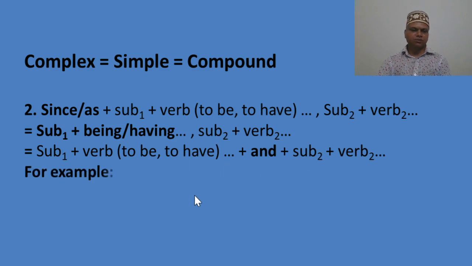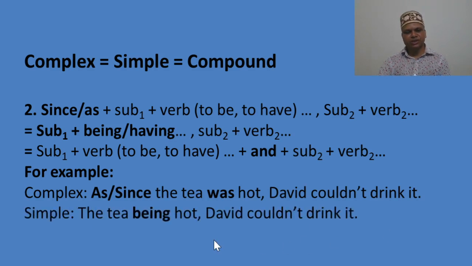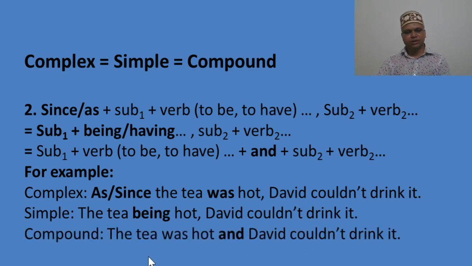So look at the example. Complex sentence: As or since the tea was hot, David could not drink it. Simple sentence: The tea being hot, David could not drink it. Compound sentence: The tea was hot and David could not drink it.